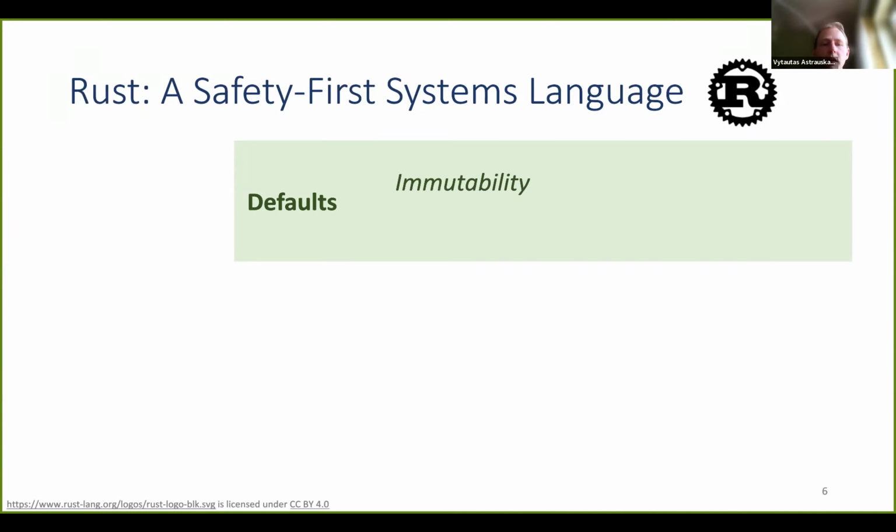If the programmer wants to mutate values, they need to write an additional mut keyword before they can mutate. By default, all values are non-aliased, and it also has automatic memory deallocation ensured by the compiler.